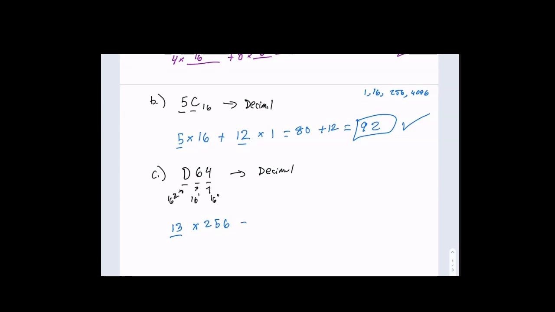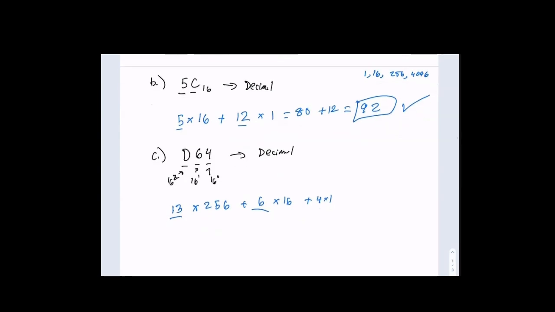Plus 6 times 16 plus 4 times 1. Always the last one is just plus 4. But I like to see this times 1 because I know that I've done the last step well, and I know I always end with a times 1. So if you accidentally wrote 16 here, you would know that something was wrong. It always goes down in one order.